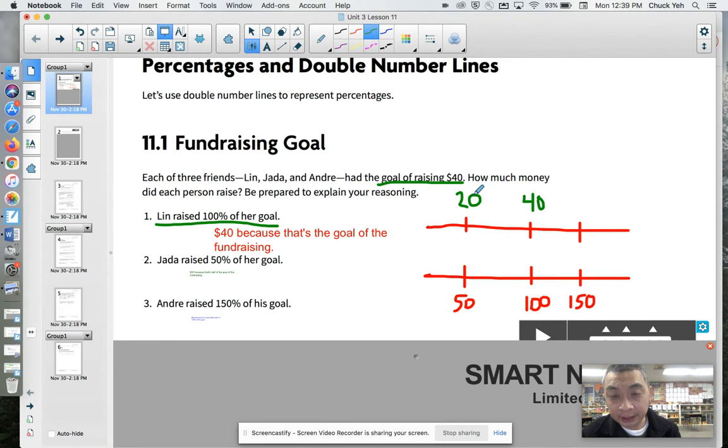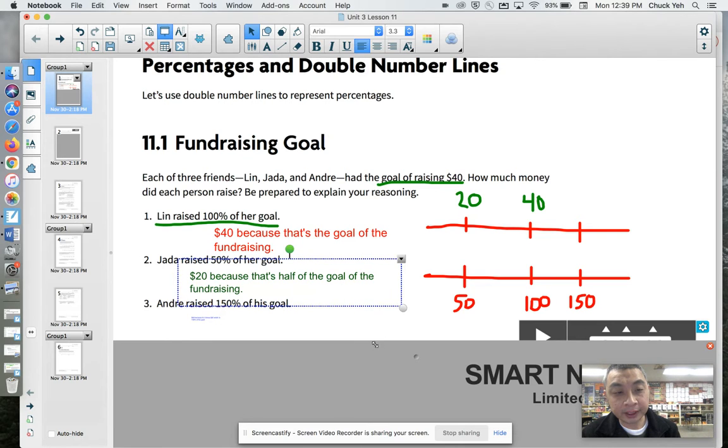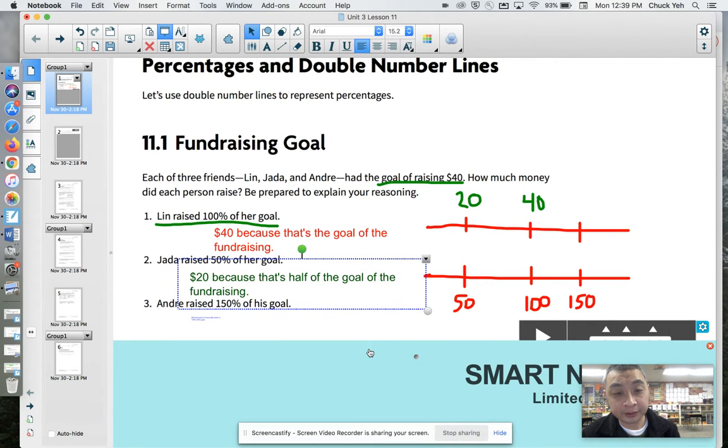Now, if you didn't know that, one way we can do this is cross multiply 50 times 40 and divide by 100. So go ahead and try to do that then. 50 times 40 divided by 100. Cross multiply and divide. You would get 20. All right? So here's the answer for that, $20, because that's half of the goal.